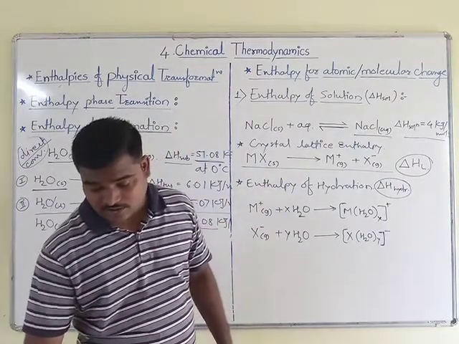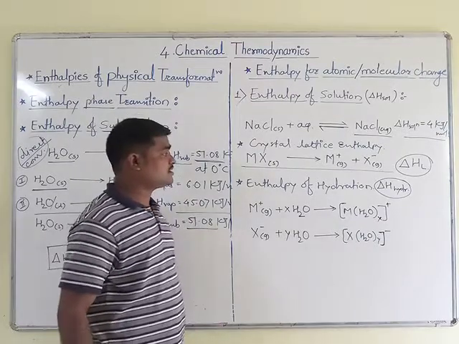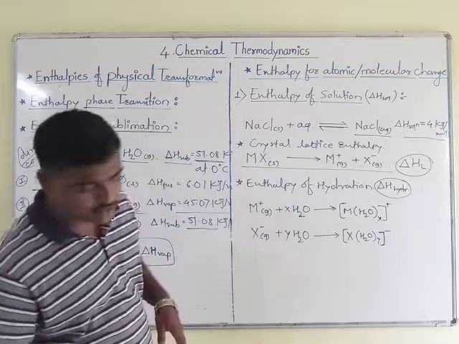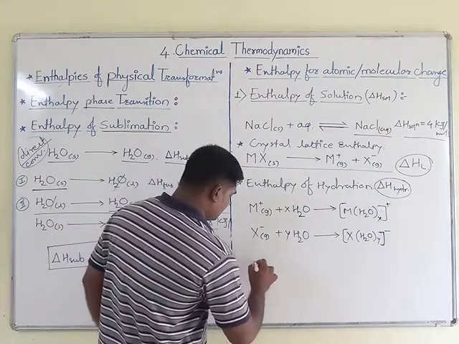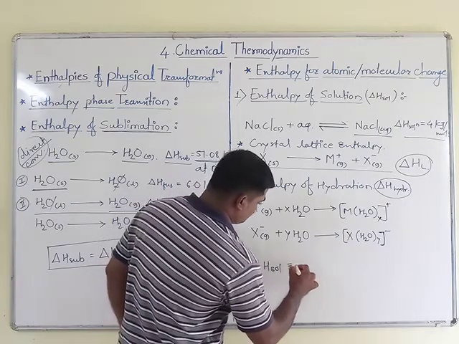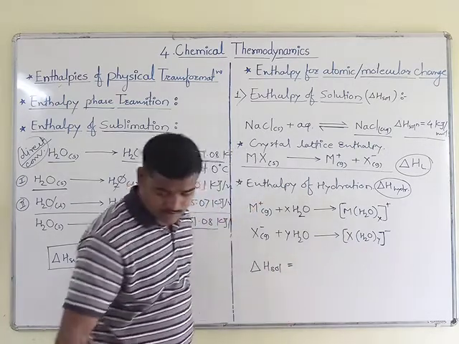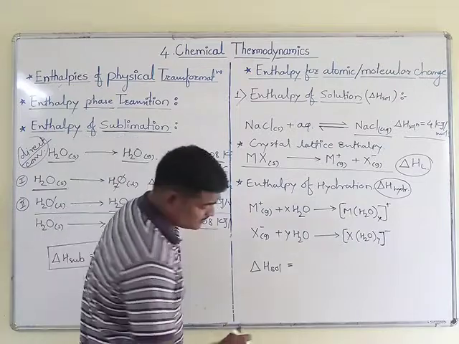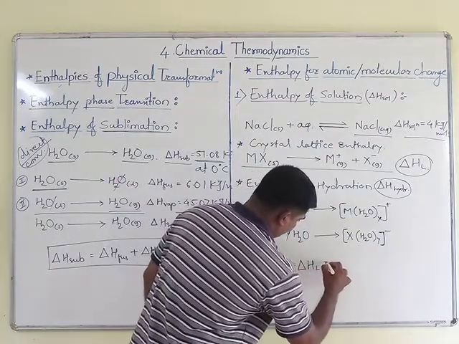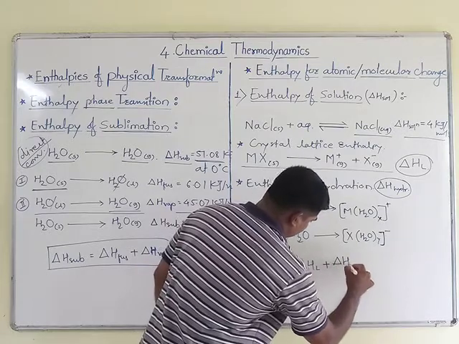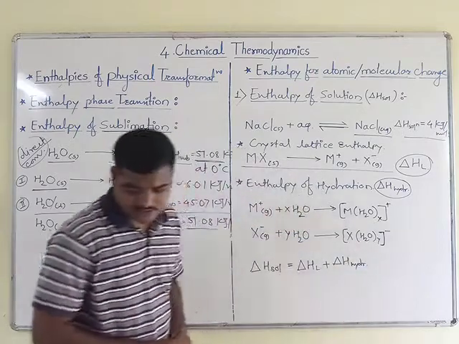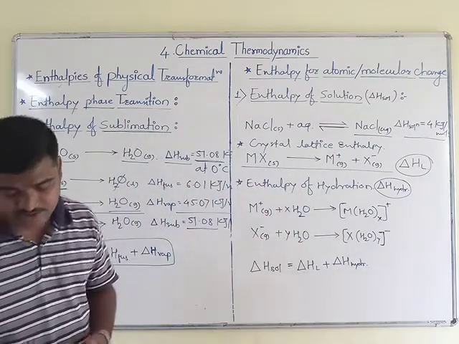So we can write delta H solution equals delta H L plus delta H hydration, the sum of both these enthalpies.